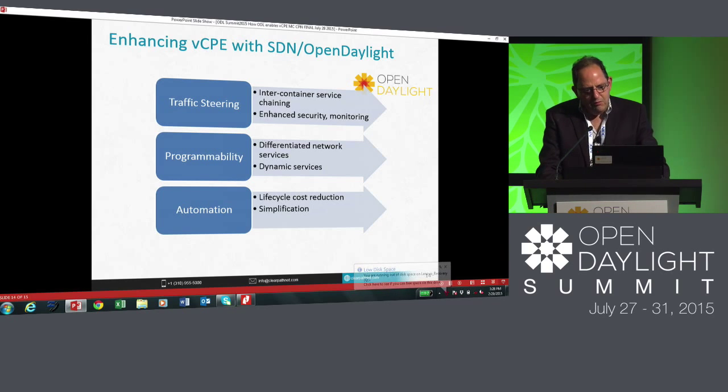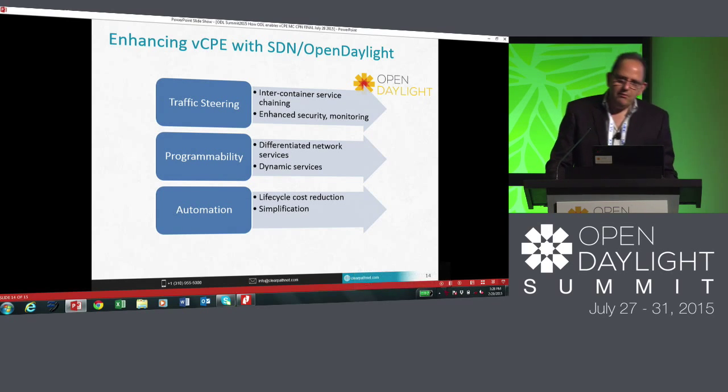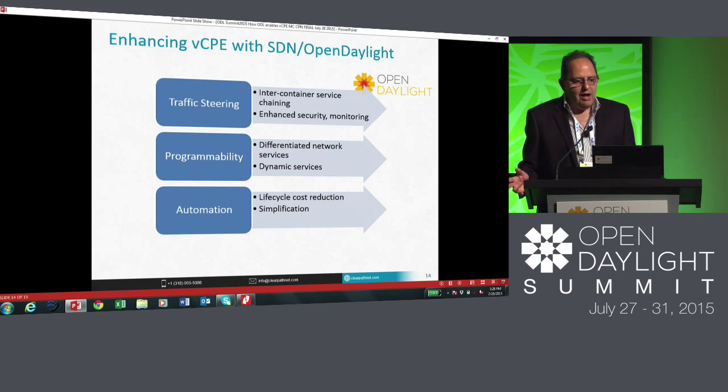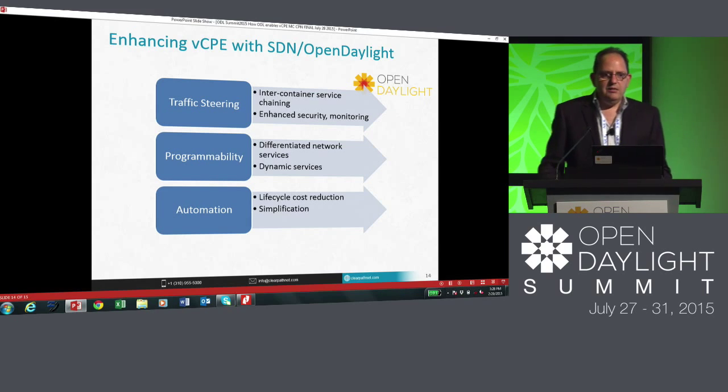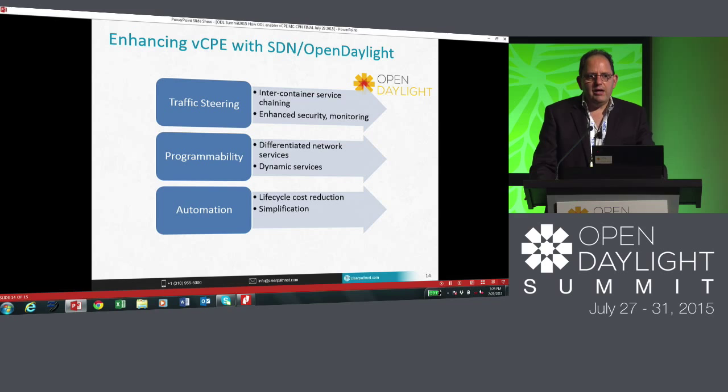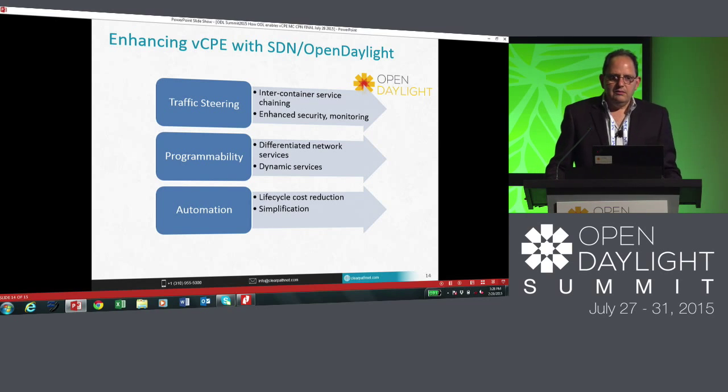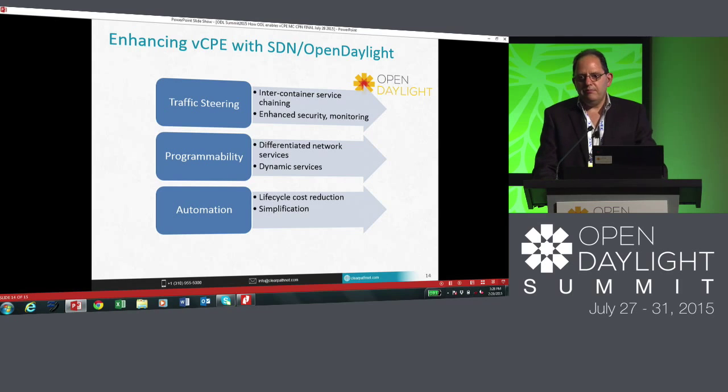So when we think about the SDN architecture and how SDN can enhance virtualized CPE, I just wanted to share a couple aspects that we're thinking about for the near future.